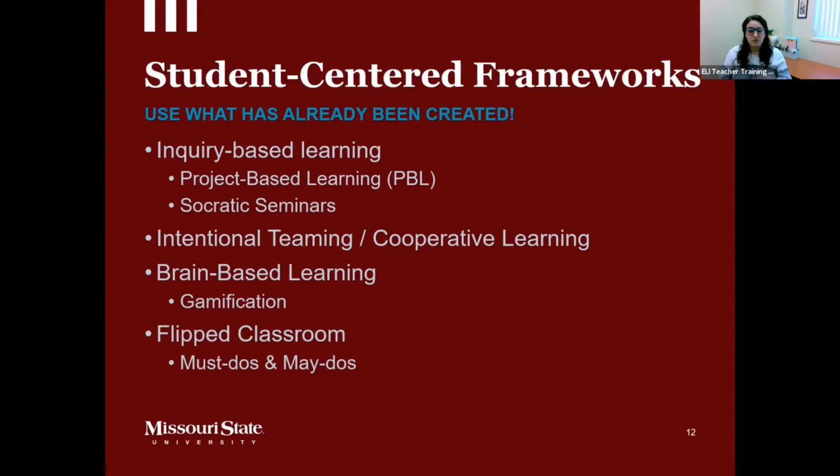It's an official training you can get, or you can learn about intentional teaming. Brain-based learning is very positive, using neuroscience about how students' brains learn best, which also touches a lot on gamification, which you'll hear about later today. Maybe flipped classrooms, using technology if you have it, or a framework called must-dos and may-dos.